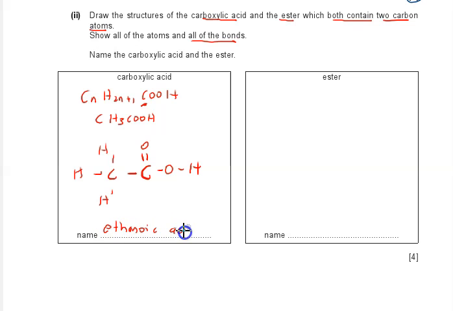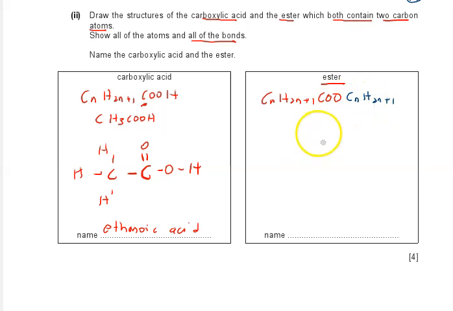Ethanoic acid. For the ester which has 2 carbons, remember, an ester is a combination of a carboxylic acid and an alcohol. So let me write down the formula here. The first part is from the carboxylic acid, and then the second part will be coming from the alcohol.